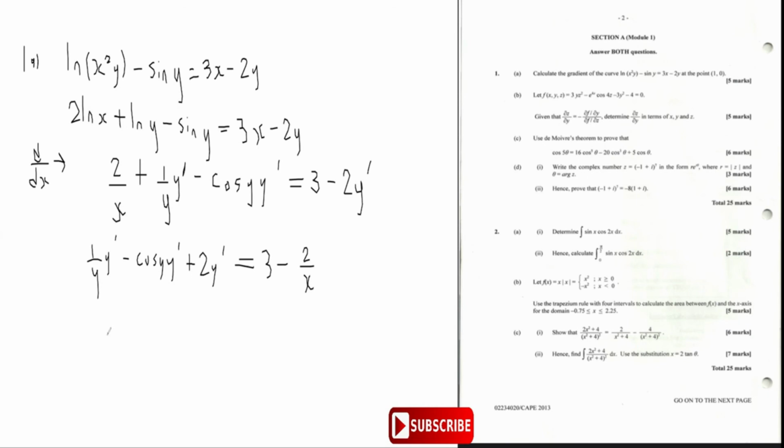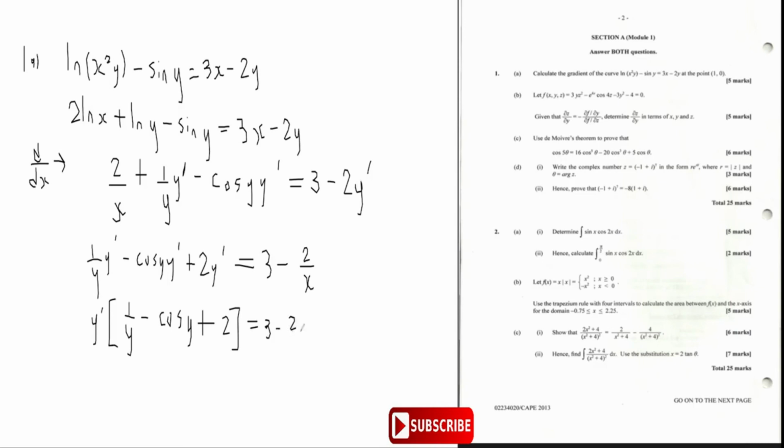Nice. So all we're going to do now is factor out y prime, which is dy by dx. Factoring out y prime, we get 1 over y minus cosine of y plus 2, equal to 3 minus 2 over x.